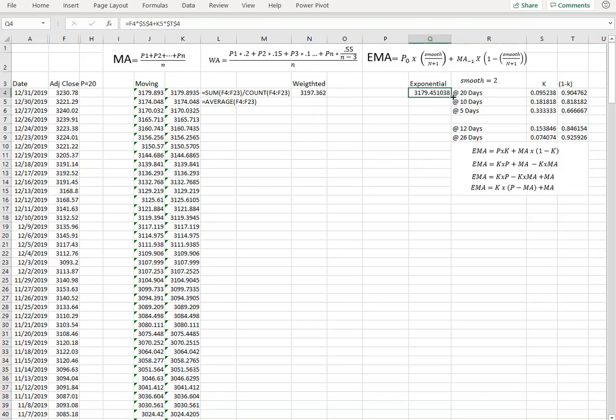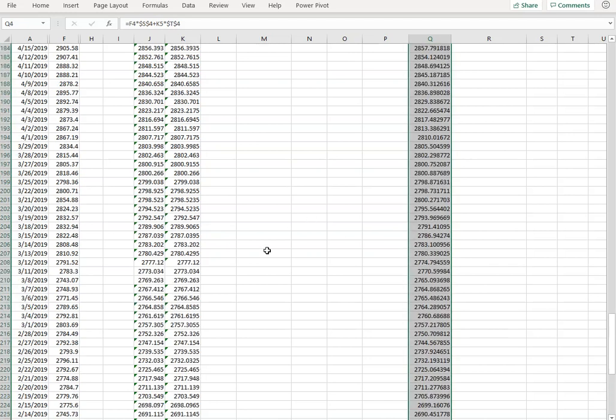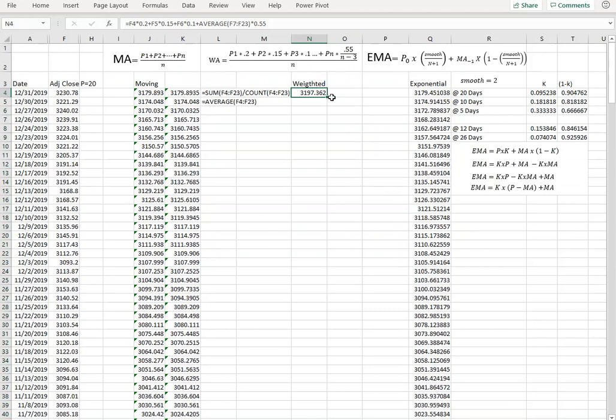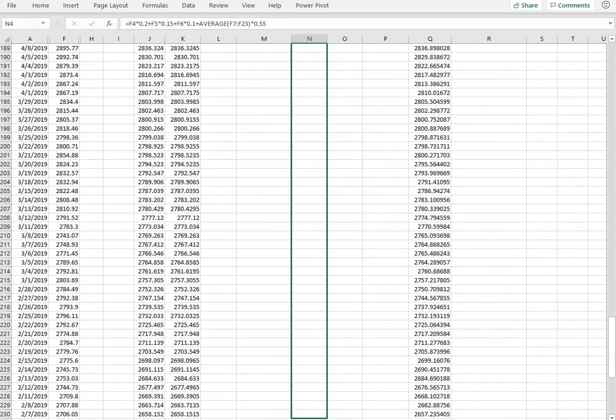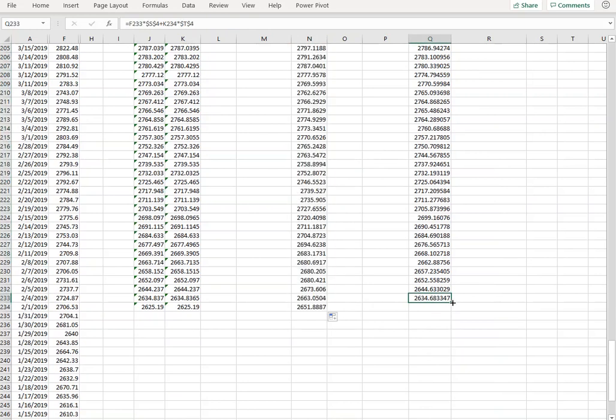So as we drag these down, all of a sudden we have our exponential and weighted. We can graph these out if we want to see a comparison and start looking for changes. That is something like the MACD, where we see a change.